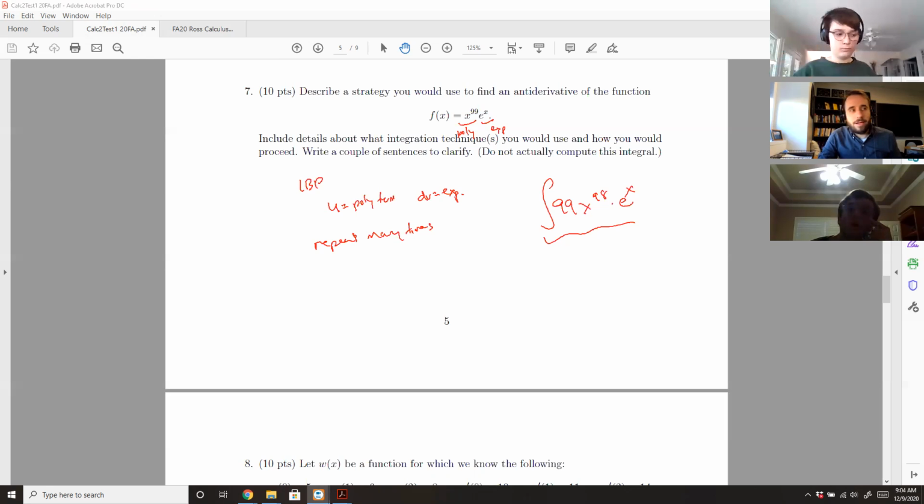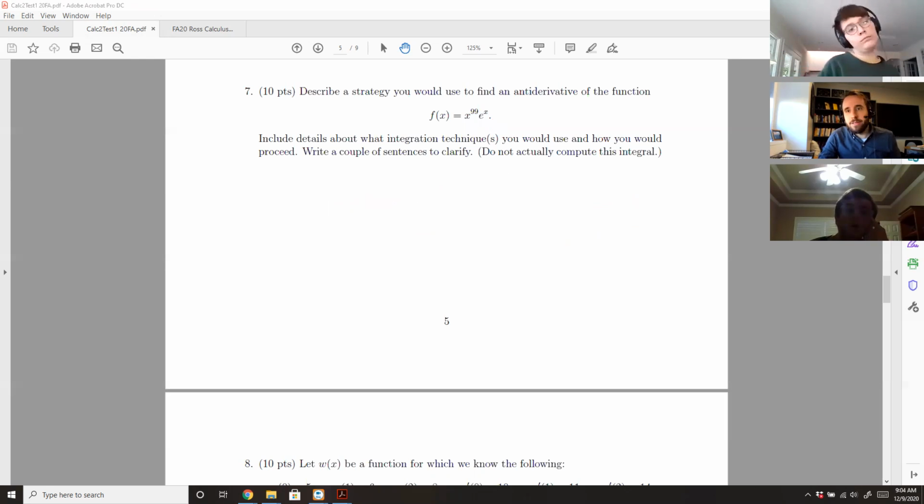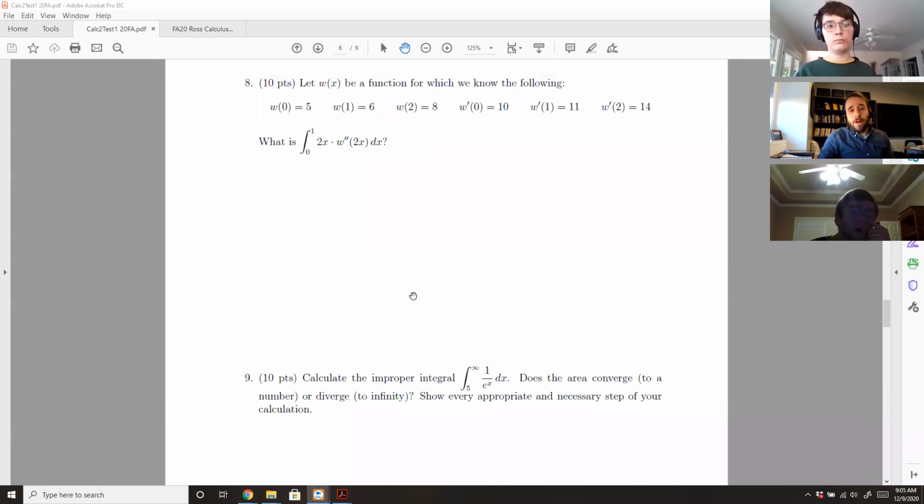Let me see, problem 8. Problem 8 is one of the trickier problems on test 1. It's very, very conceptual because we're asked to integrate a function that involves an unknown quantity w, which we literally don't have a formula for.